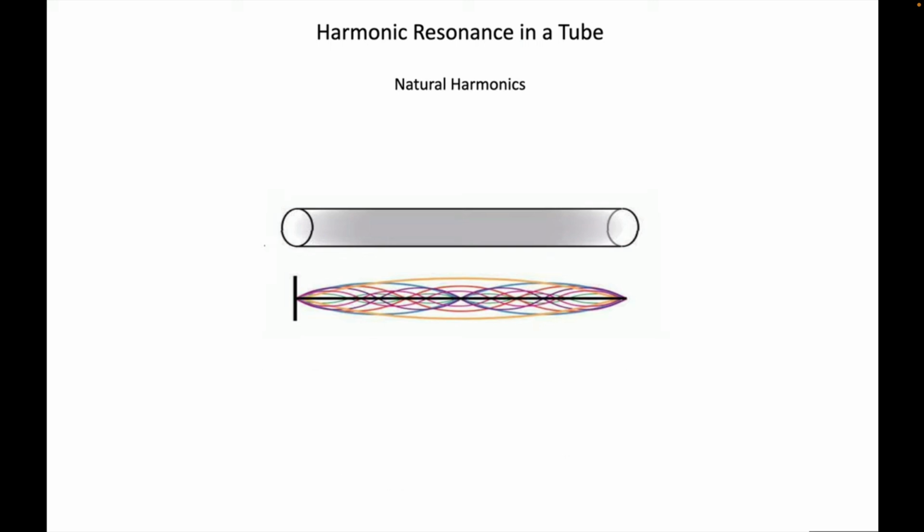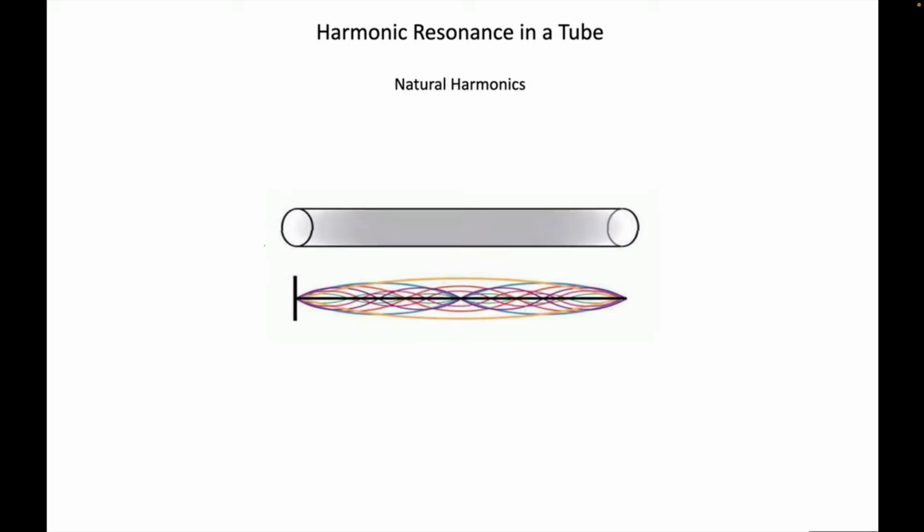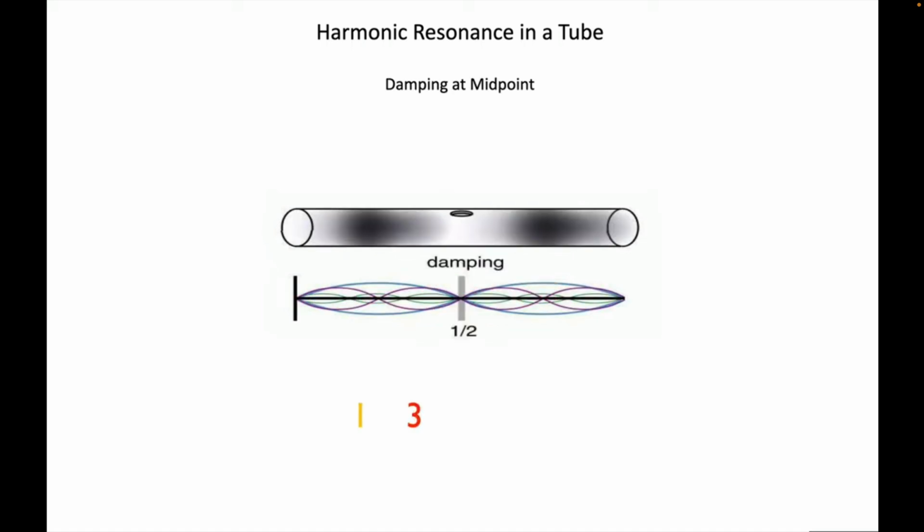Now, the harmonics in a tube can be modulated or filtered by opening a hole like the holes in a flute. And what this does is it automatically damps any of the waves that have a high amplitude vibration right at the location of the hole. So if we look over here, the yellow is the first harmonic, then the red is the third harmonic, and the pink is the sixth harmonic.